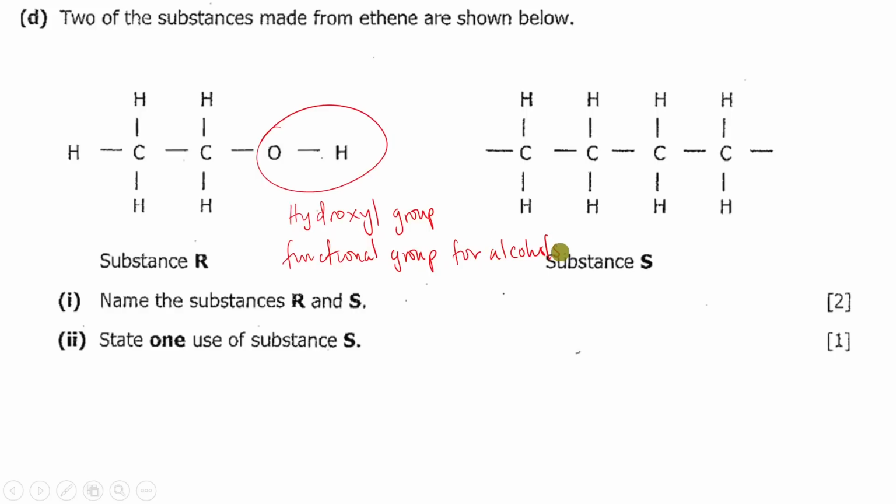A functional group is an identity, like a surname. Children born from the same father will have the same name. So alcohols will have the same functional group OH as their identity. That's how you can identify. So this one is an alcohol.